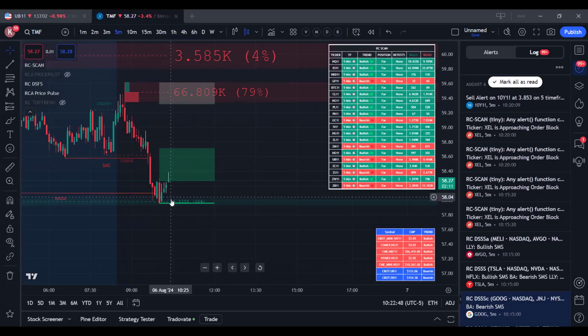So let us just give a minute. Let us wait for it. If we see a nice green candle, we can go, or it may do a double bottom and then go up.